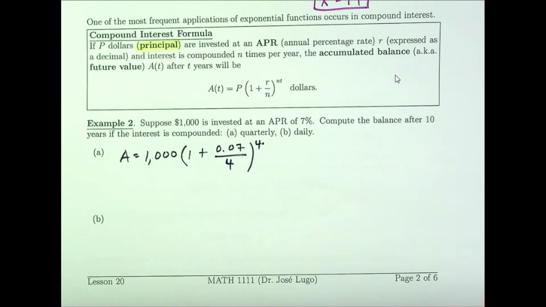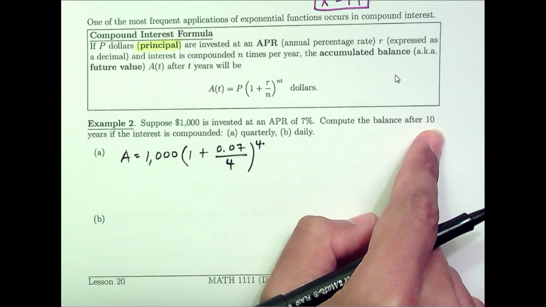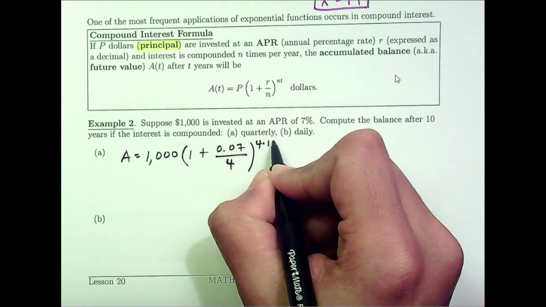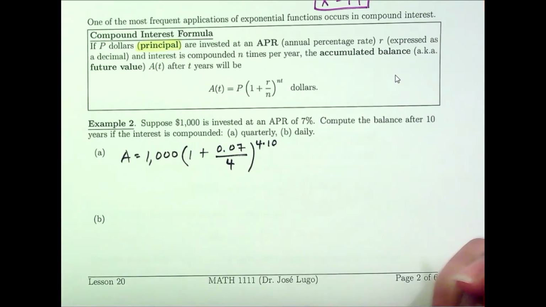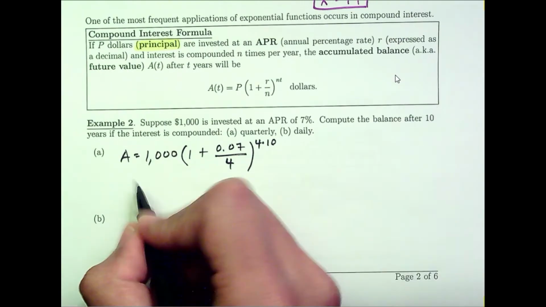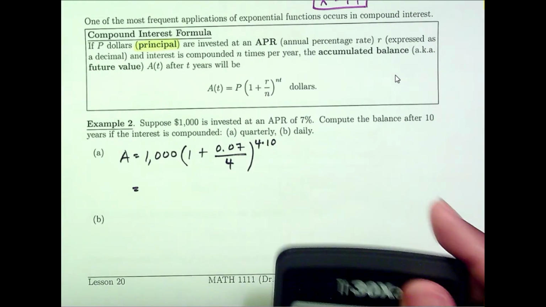How much time are we going to let that investment grow? For 10 years. So times 10. You can put some little parentheses there if you want. And then we're going to put all of this in the calculator.